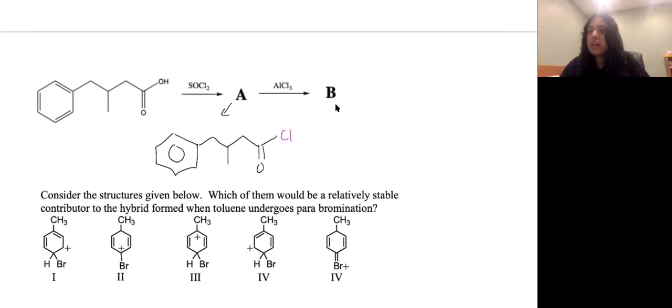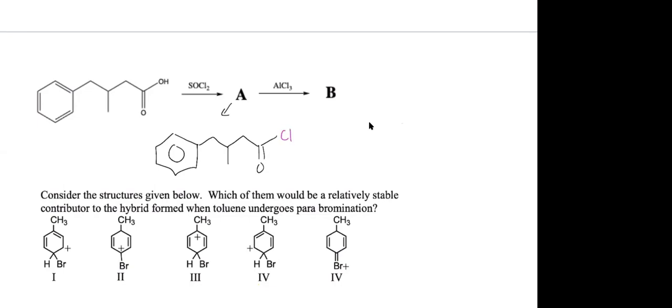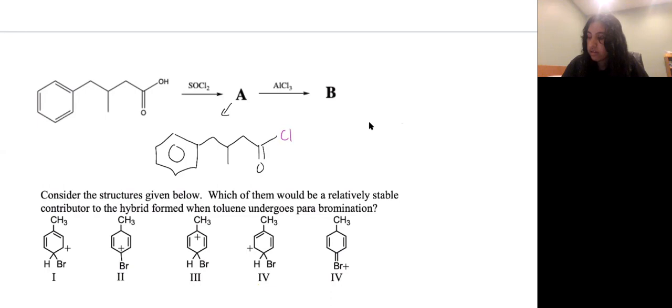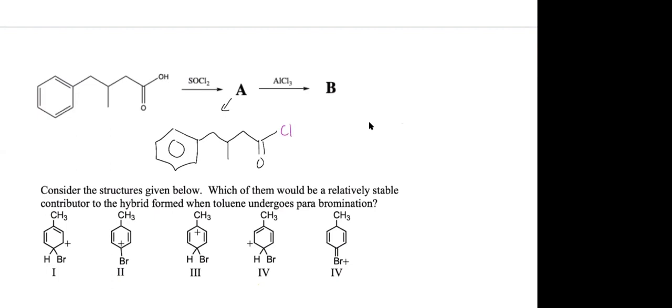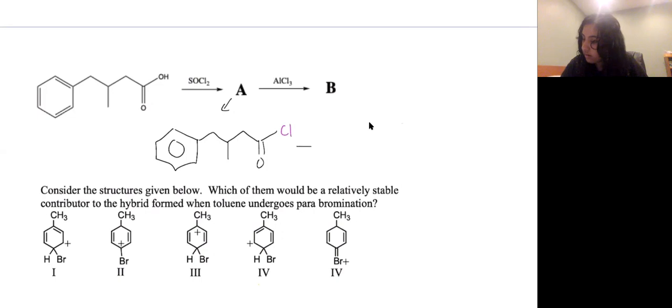And then now what are we reacting it with? Would the chlorine be taken off and there be a carbocation? When you put an acyl halide with an AlCl3, it chops off the chlorine and you get the acylium ion. So now you have this as an intermediate.